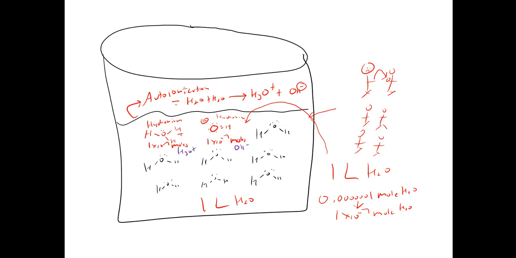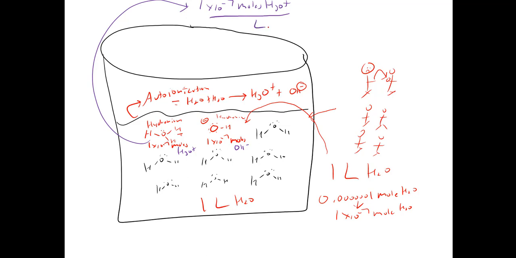Now, we like to use solution concentration units. So rather than say that due to autoionization we naturally have 1 times 10 to the negative 7 moles of hydronium, we'll like to go ahead and use molarity.